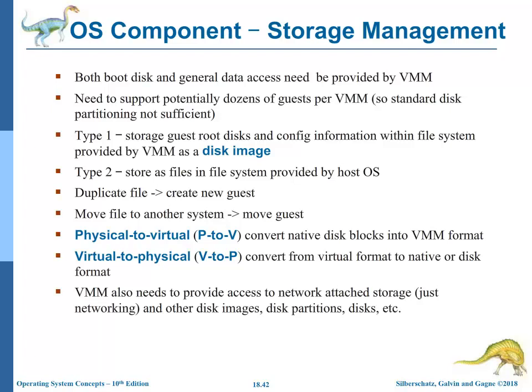This physical to virtual conversion reads the disk blocks of the physical system disk and stores them in files on the VMM system or on shared storage that the VMM can access. The VMM also provides a virtual to physical procedure for converting a guest to a physical system.